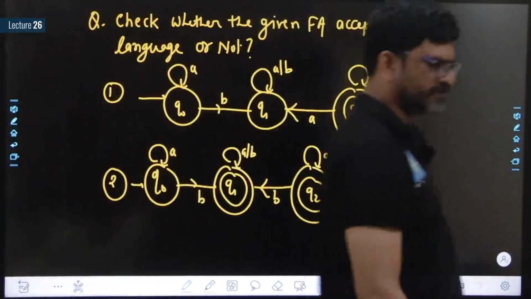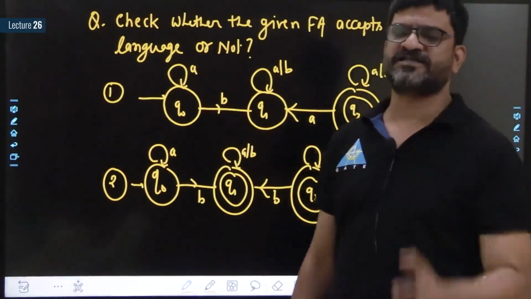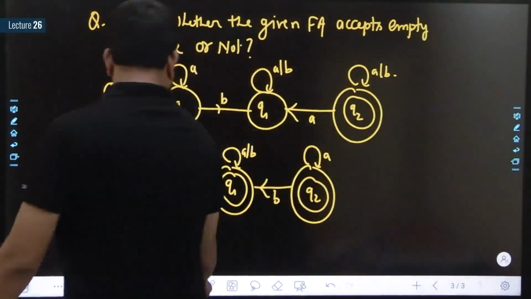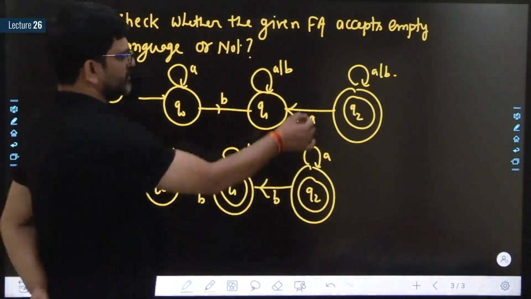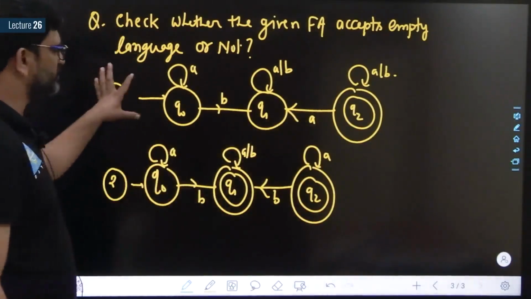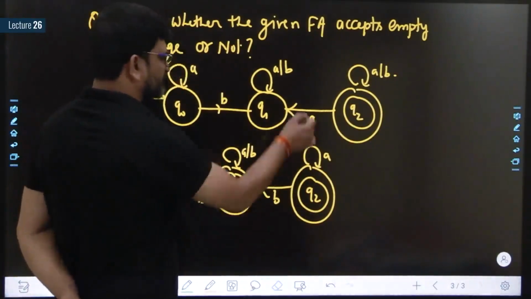See the first question. What is the first step? Select those states which are not reachable from the initial state. So in the first example, Q2 is not reachable from the initial state. Delete those states and transitions defined between them.